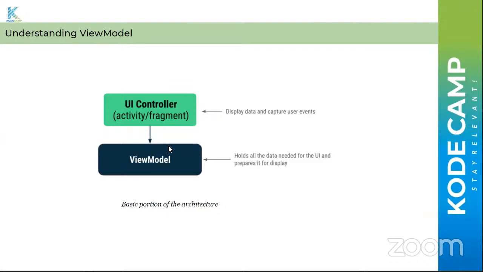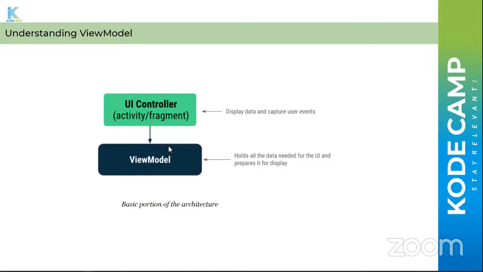So what happens is this: your view model stores the app-related data that isn't destroyed when your activity or your fragment is destroyed, or when it is recreated by the Android framework. Your view model objects are automatically retained. That means they're not destroyed like your activity or your fragment.